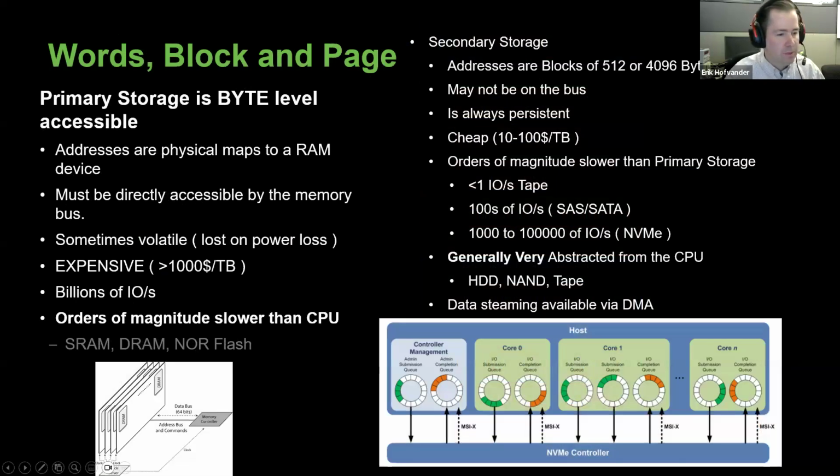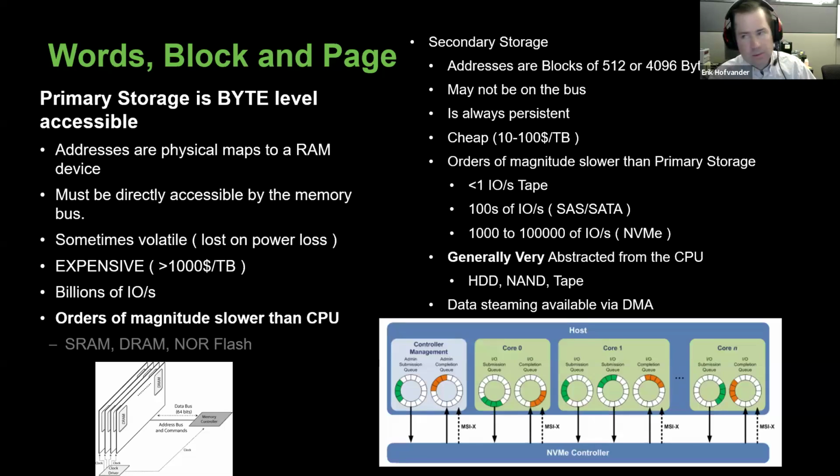So first, I want to give a little bit of background on what secondary storage is and how it differs from main memory. Primary storage is basically any of the memory within the computer that is byte level accessible. When people say computer memory, generally what they're talking about is things like DRAM. But as we've seen, it's kind of a large architecture going from the very top to the very bottom.